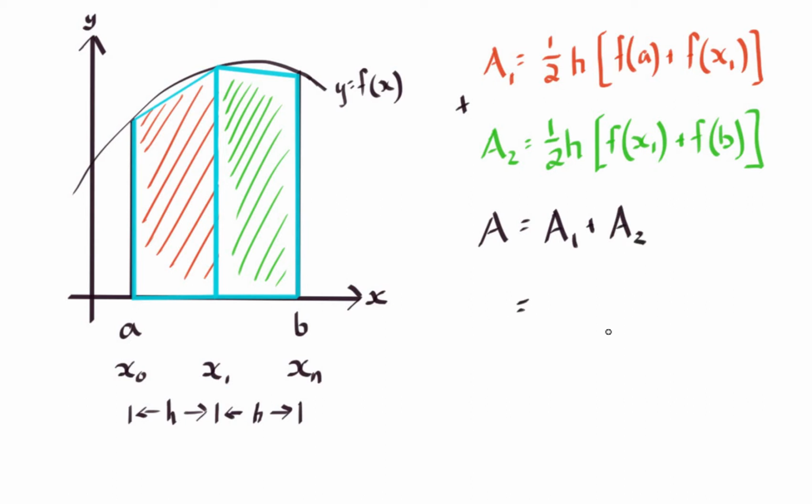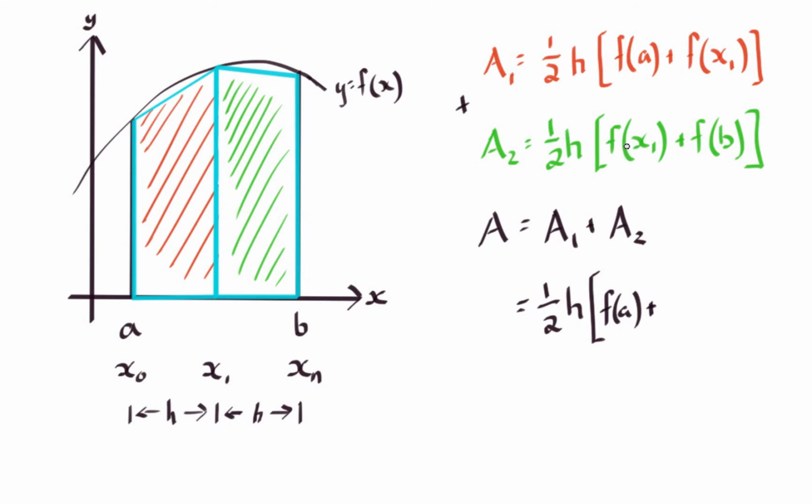Half h is common to both, so we can drag half times h out the front. And then what do we have left? We have f of a plus f of x1, but then plus f of x1 again.